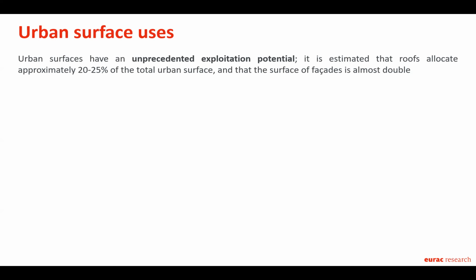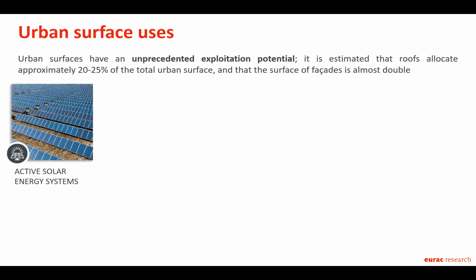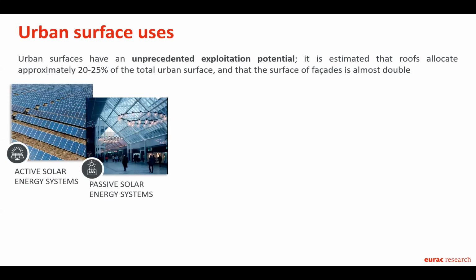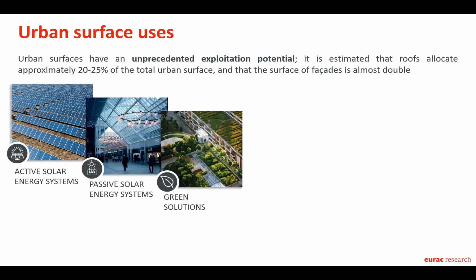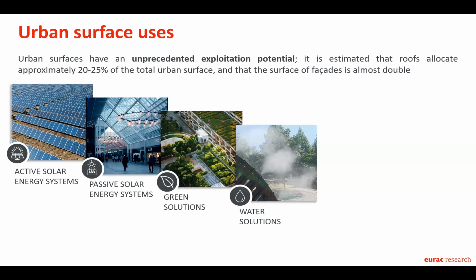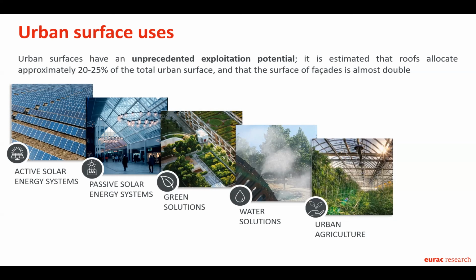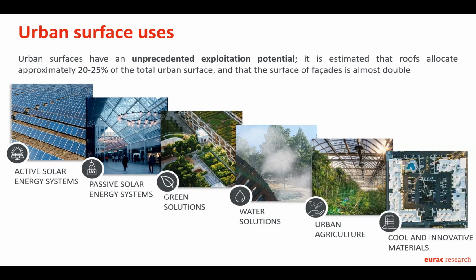We have heard quite a lot about active solar energy today, but actually there are also passive solar energy systems. As we have just heard, green solutions are also an opportunity, but there's also water, which is still linked to solar when we think about evapotranspiration, for example, for cooling purposes. But there is also the possibility to allocate some surfaces for urban agriculture or to use cool and innovative materials, as we have also heard before in Martina's presentation.